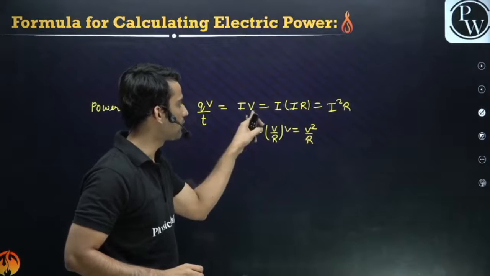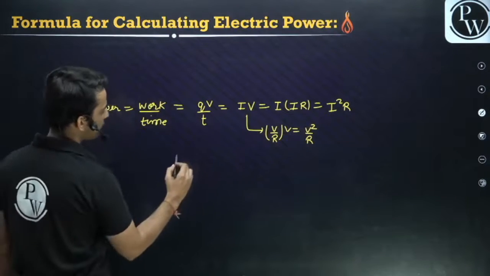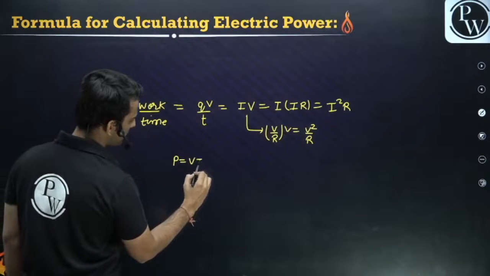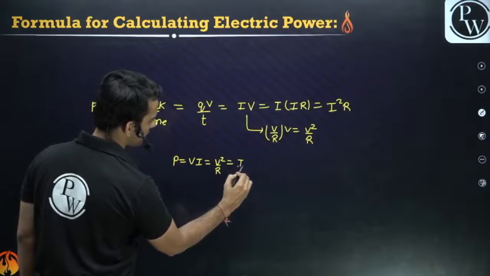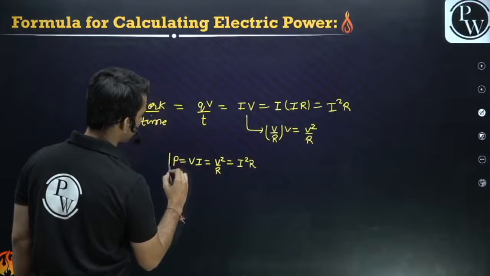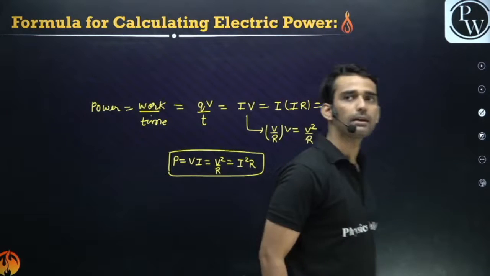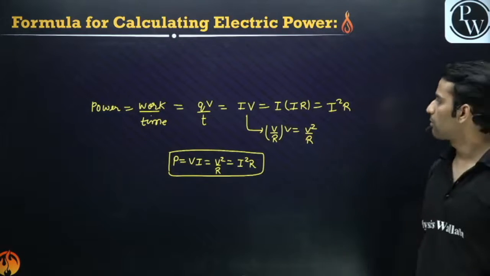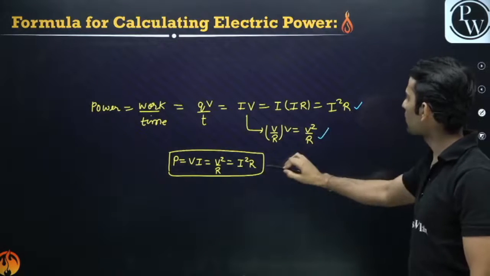Just put the value of V, you will get the other formula. So what is the formula for power? V into I is equals to V square by R is equals to I square R. Guys, this is the formula to calculate the power. Which formula to use depends on the question you are solving.